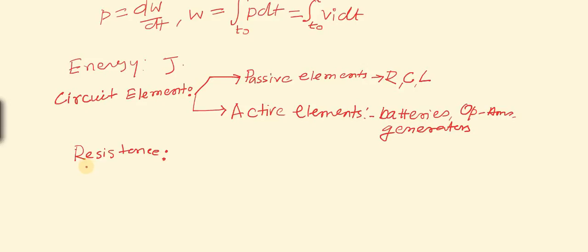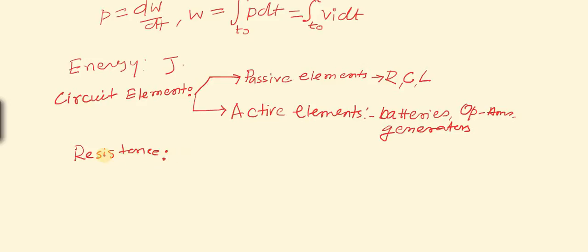It is basically the property of any material by virtue of which it offers opposition to the flow of current, and by doing so it converts energy into heat energy.